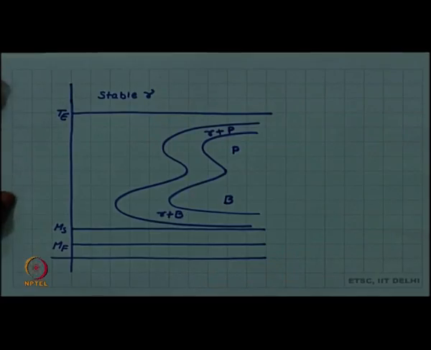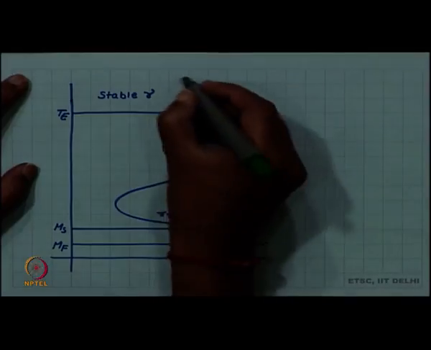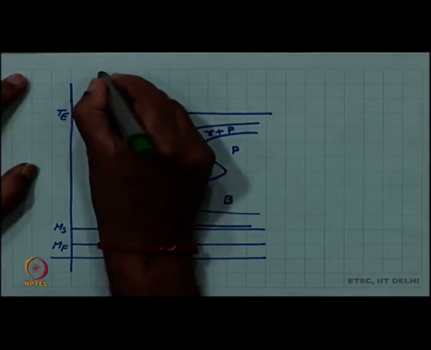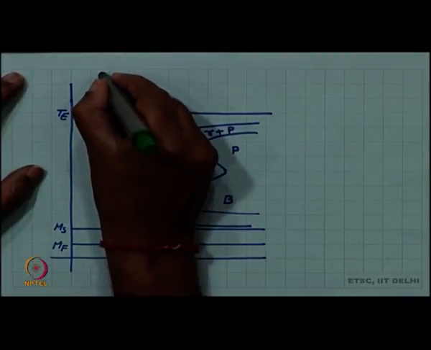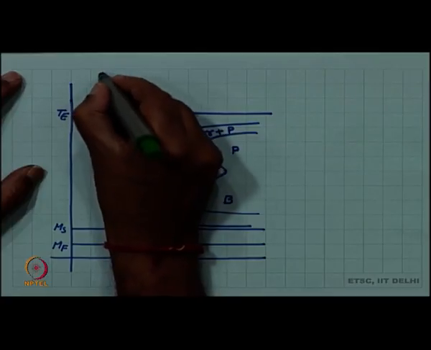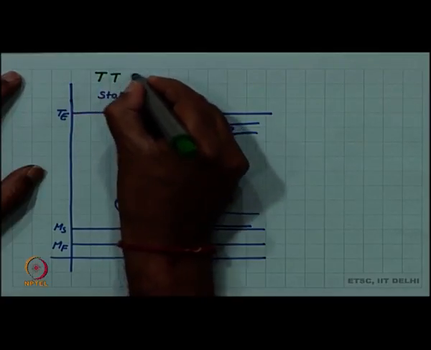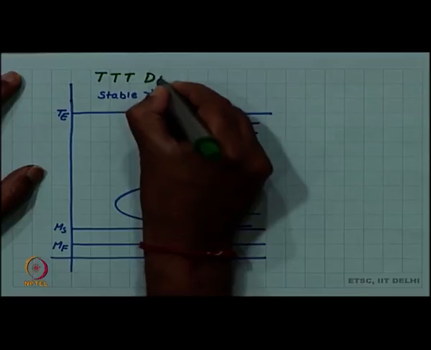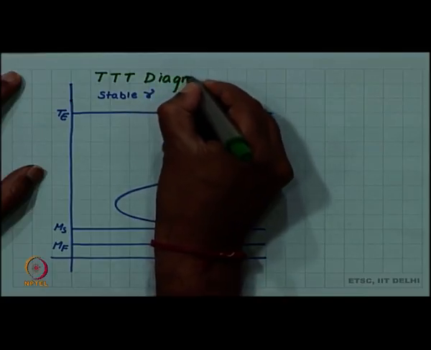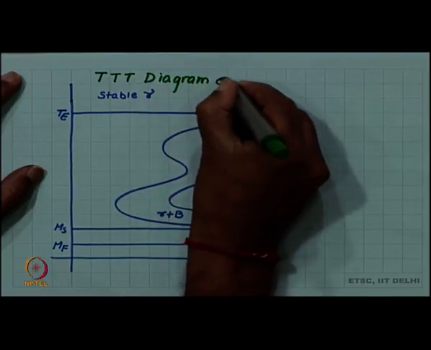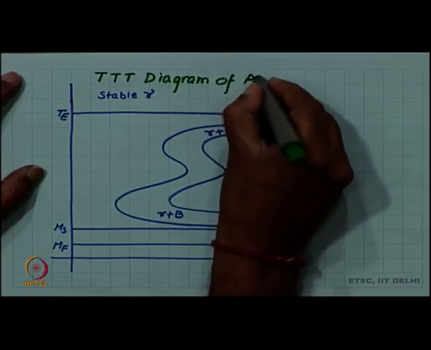Here is an example, not of any particular steel, but a schematic one of what alloying does. The TTT diagram of alloy steel.